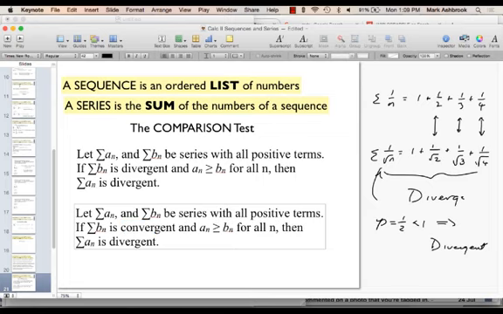So if Bn is convergent, and would Bn then have to be greater than An? Or greater than or equal to? We're really talking about An, so how would An have to compare? An would have to be less than or equal to. That's right. Then An is convergent.